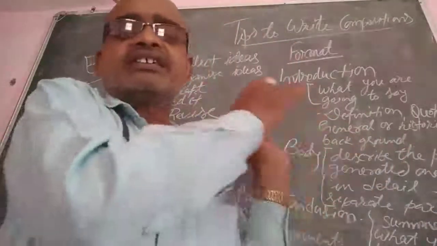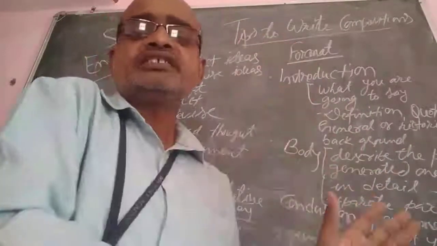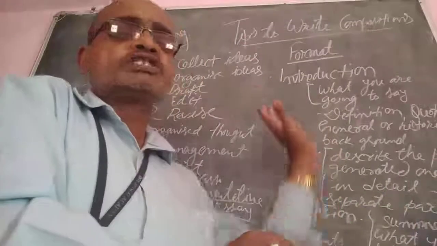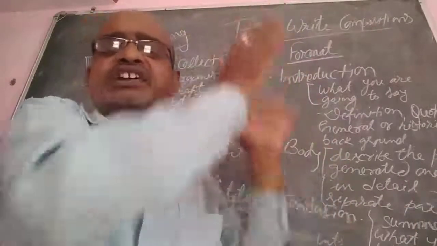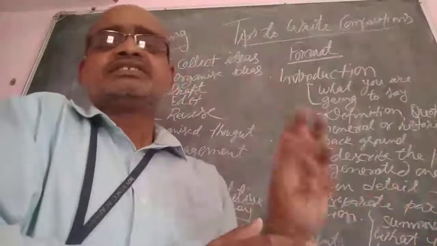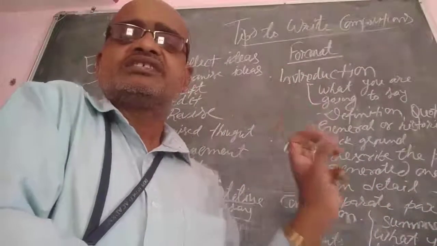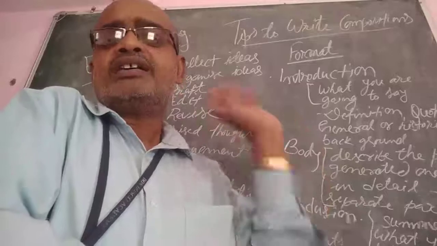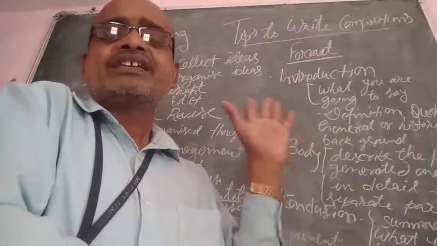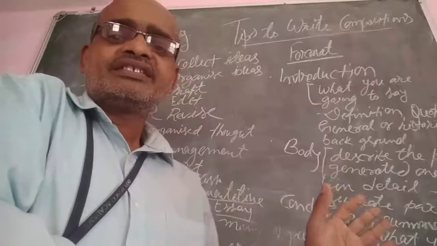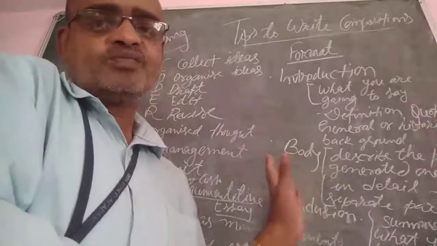So whatever composition you write, these rules must be followed. This CODER must be followed. First of all, generate the ideas, select those ideas by categorizing them into introduction, body, and conclusion, and explain them.